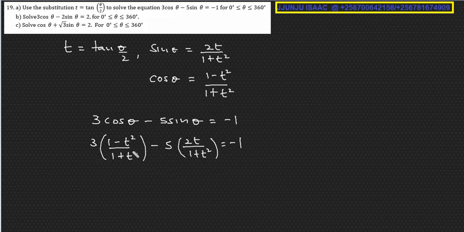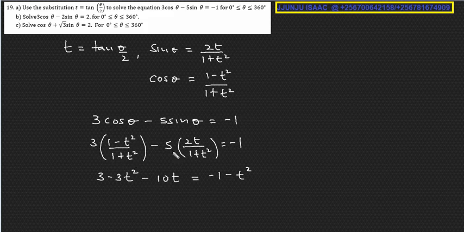Now here what I'm going to do is multiply with 1 plus t squared throughout so that I get rid of the denominator. So this will be 3 minus 3t squared minus 10t equal to -1, then minus t squared.